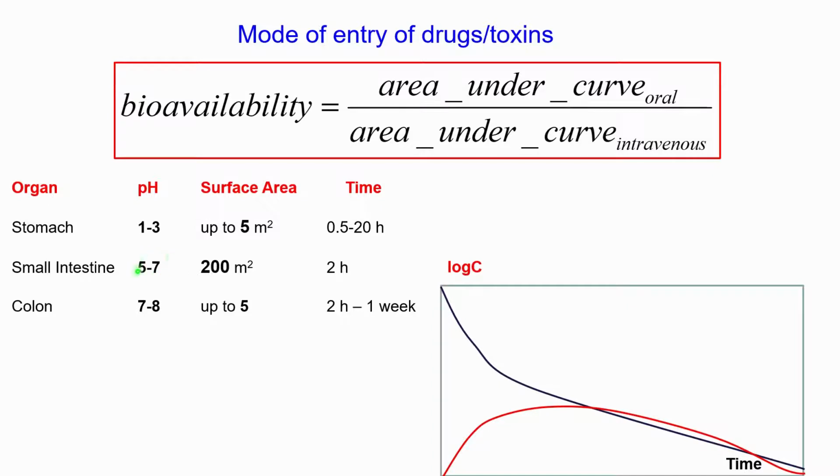This area has pH slightly below neutral, 5 to 7, and it has a normal surface area of 200 square meters.